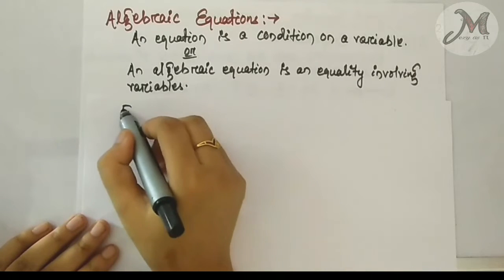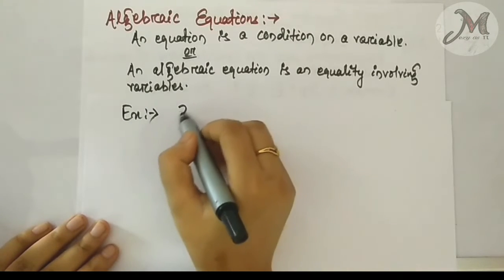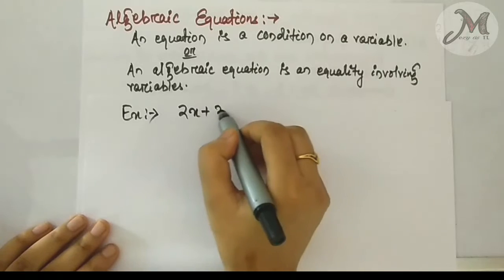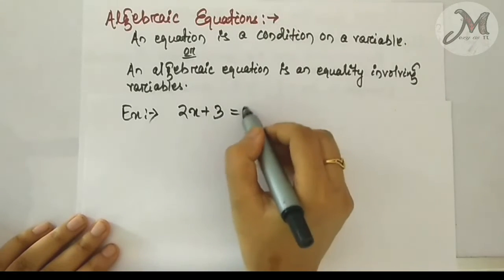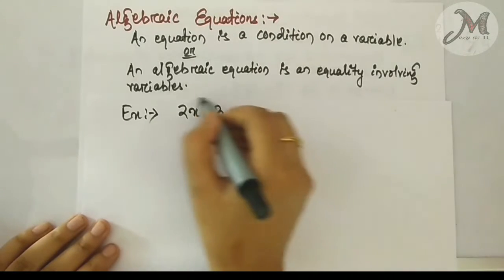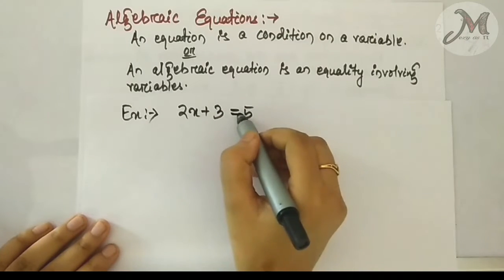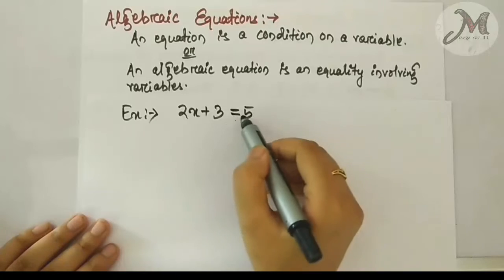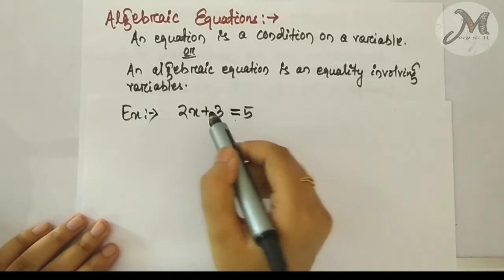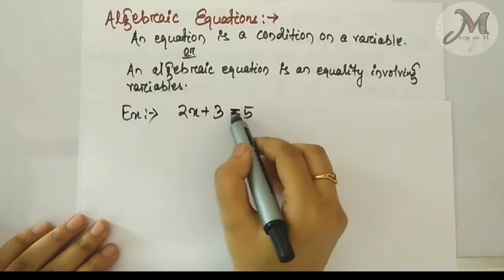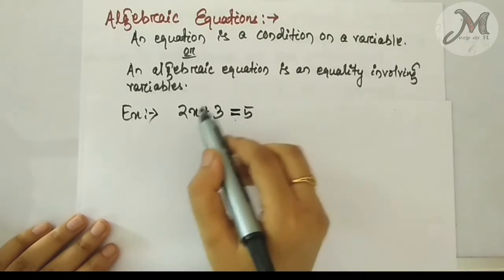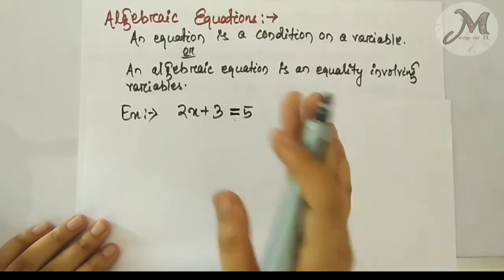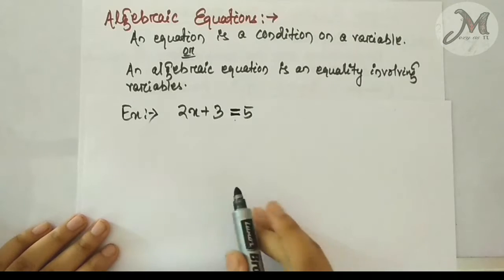For example, 2x plus 3 is equal to 5. This is an equation. Why? Because this involves an equality sign, and it says that the expression on the left hand side of the equality sign is equal to the expression on the right hand side.